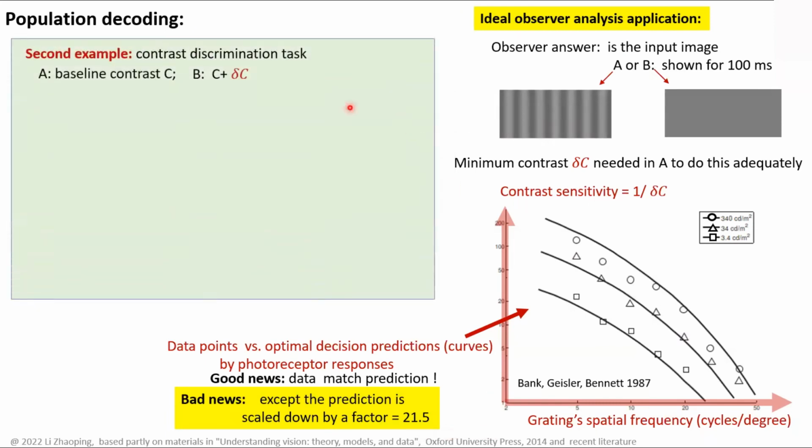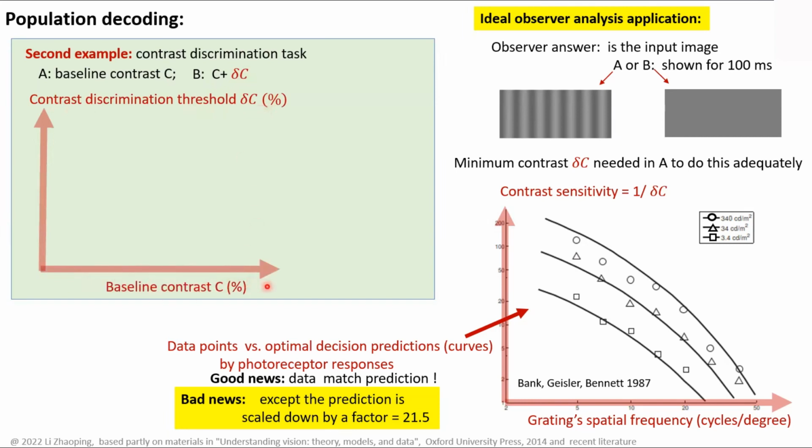Okay, let's have another example. Here you are trying to do a contrast discrimination task. Rather than distinguishing A and B, both have gratings, but one has a little higher contrast than the other. One has contrast C, the other has contrast C plus delta C. Then you ask, what is the delta C needed, the contrast discrimination threshold, for you to do this task properly, versus the baseline contrast?